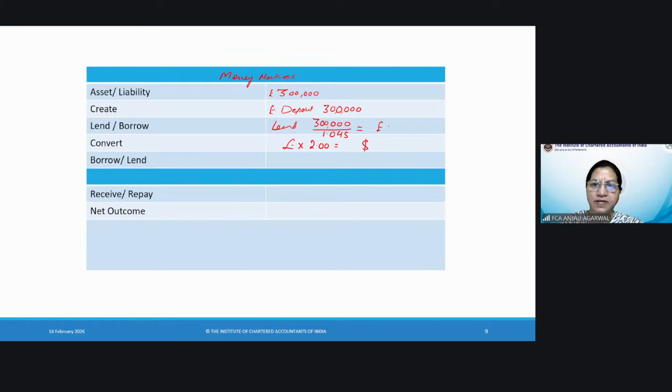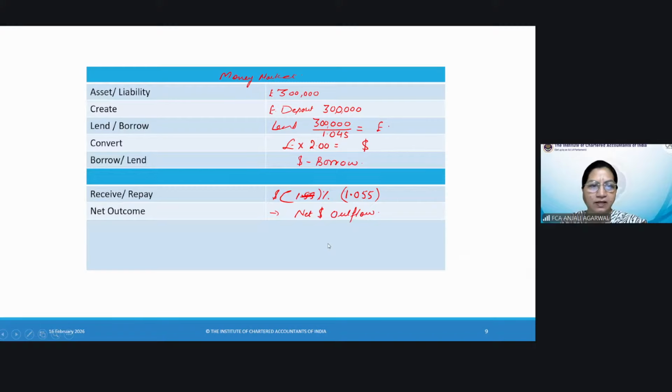So you will need these many dollars. These many dollars you will borrow today. And finally, you will repay this together with interest. So the dollar interest was 5.5% for the borrowing, so 1.055. So this will be your net dollar outflow, irrespective of what the exchange rate for the pounds is after 180 days.